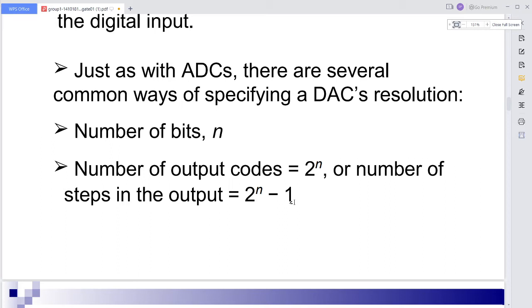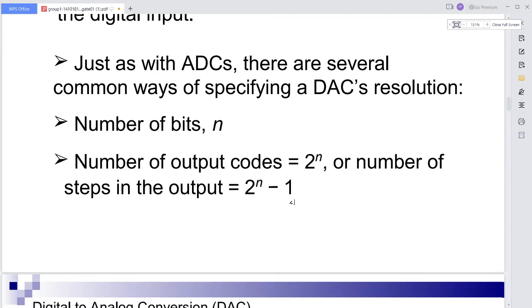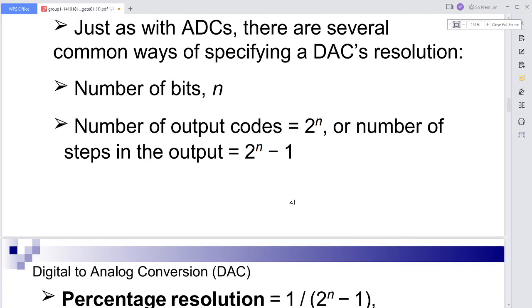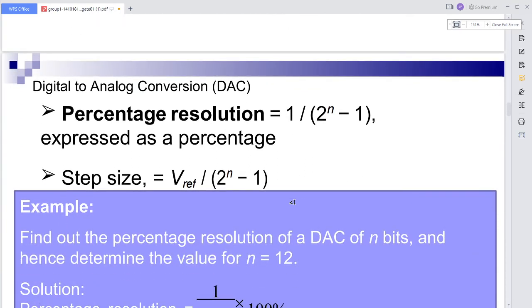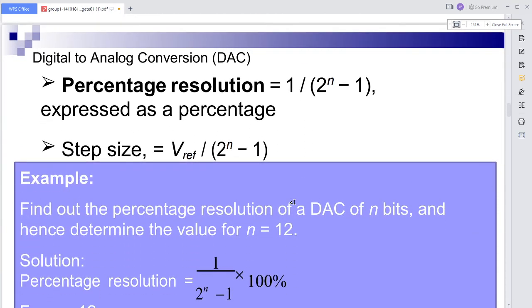That is step 0. Likewise, up to 7 we can have all the outputs. 0 to 7 means totally 8. Now, in the digital to analog converter, the next specification we can discuss is percentage resolution.